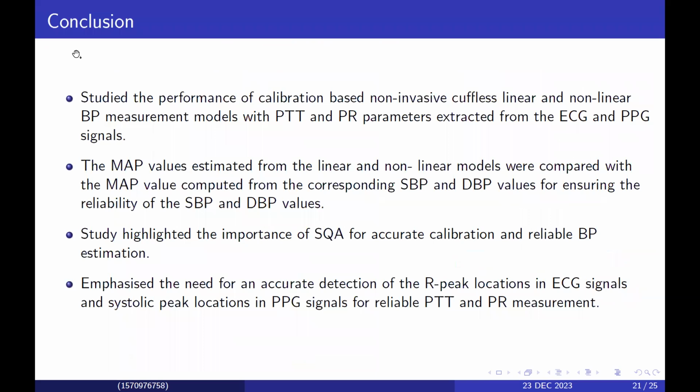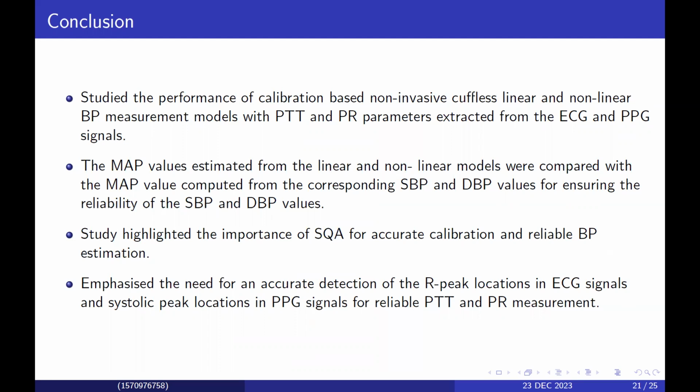And here the conclusion is that we studied the performance of calibration-based non-invasive cuffless linear and non-linear BP measurement models with PTT and PR parameters extracted from the ECG and PPG signals. The MAP values estimated from the linear and non-linear models were compared with the MAP value computed from the corresponding SBP and DBP values to ensure the reliability of the SBP and DBP values.